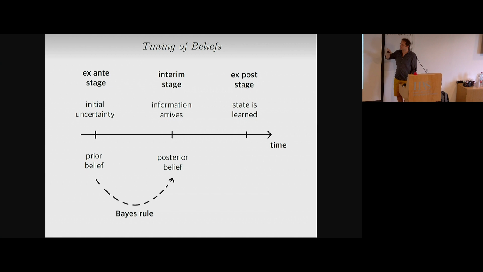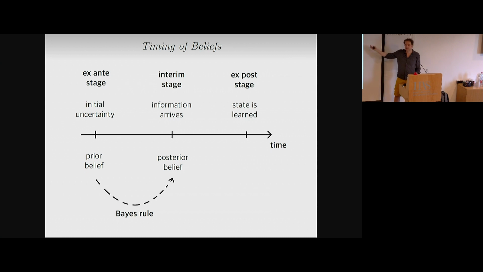There's an ex ante stage where the agent is facing some initial uncertainty. They have a prior belief. Then there's what in economic theory is called the interim stage, where some information arrives. The agent forms a posterior belief. And there's an ex post stage where the state is learned, so the agent knows the state.